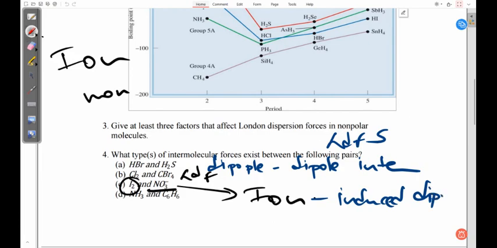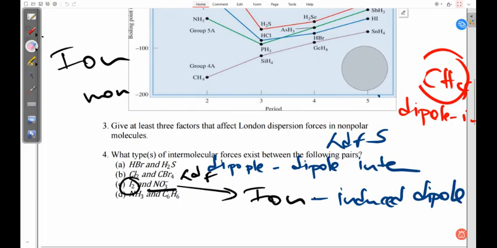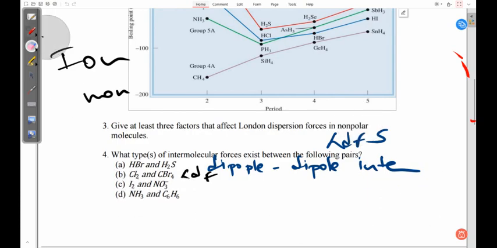In a similar manner, HCl, which is polar and forms dipole interactions with itself, if it interacts with a non-polar molecule like methane, that would form what we call dipole-induced dipole. So ion-induced dipole is what we're going to have for C, because this ion will induce some charges on the non-polar iodine.